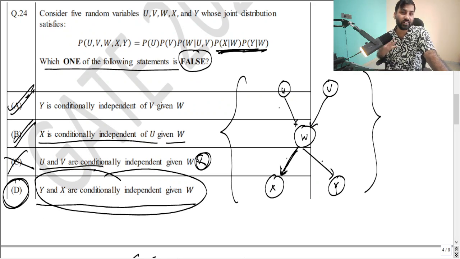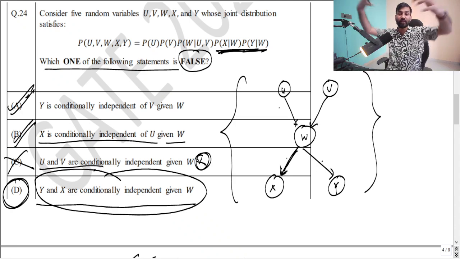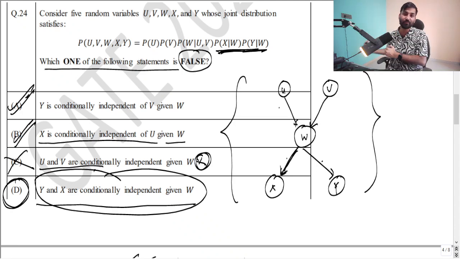In fact, the ordering is not possible. W cannot come first; U and V occur first, then W. So what they are saying, that U and V are conditionally independent given W, is straight away a wrong statement. How simple this question is. Please, guys, if you have studied DAG, you can check out the video that I have uploaded.